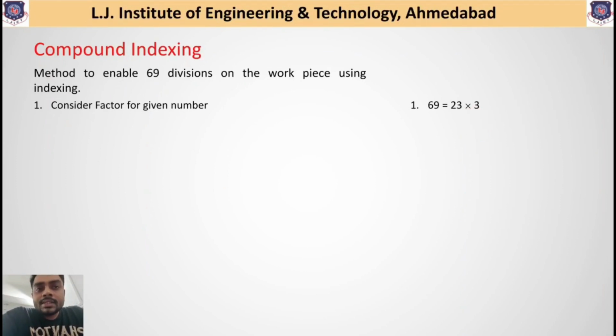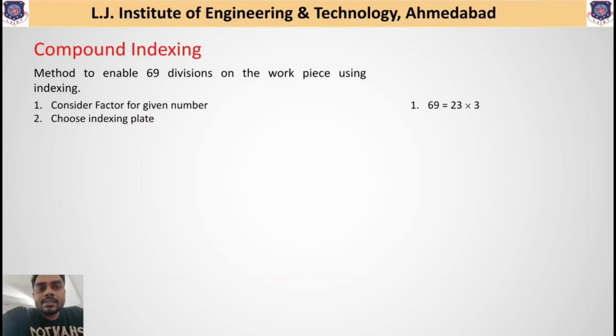So our second step is to choose the indexing plate which is available. Over here a 23-hole circle is available. As a reference, always consider the one which is available and the next number which is available after that.